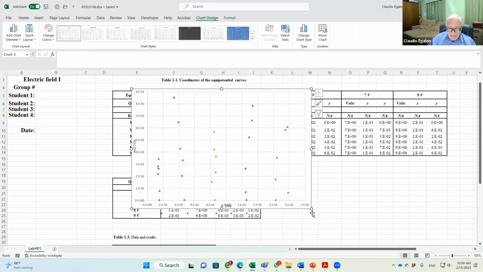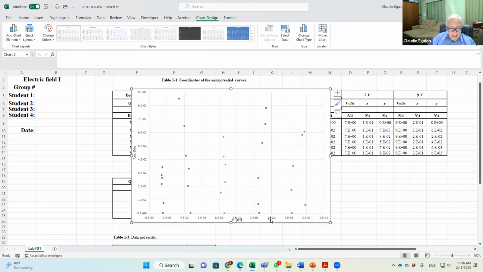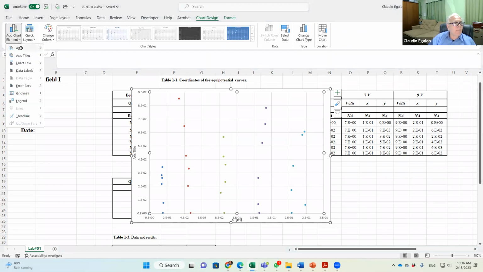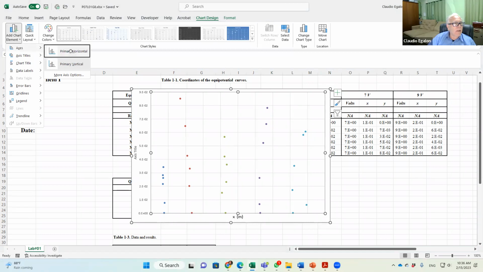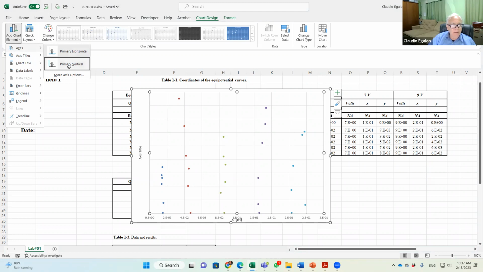Okay, I accidentally erased the axis. But now I figured it out. Did you see that? If you go right here, add chart element, and click in the wrong place, you're going to erase the X axis. Same thing in the Y axis. You don't want to do that. You want to go into the axis title.